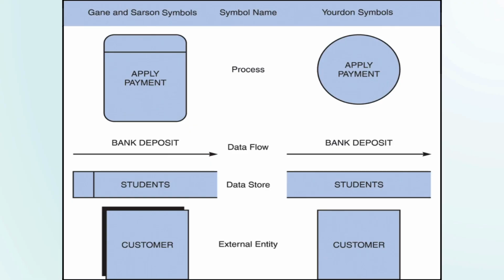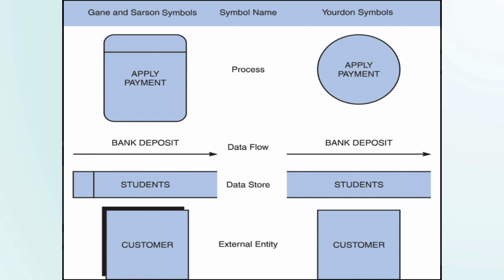These are the symbols used in the Gane and Sarson symbols and the Yourdon symbols. For your information, we are going to apply only the Gane and Sarson symbols. You just have to recognize the Yourdon symbols.